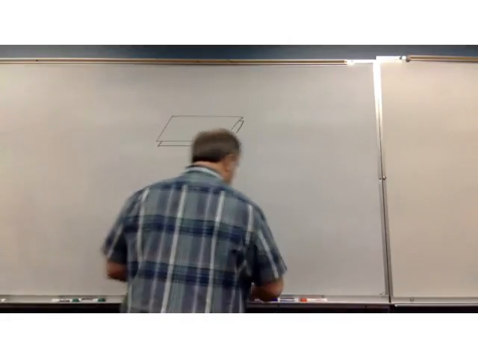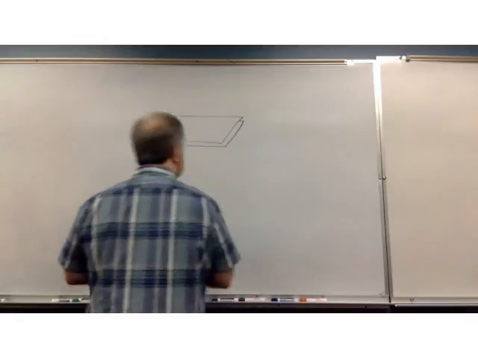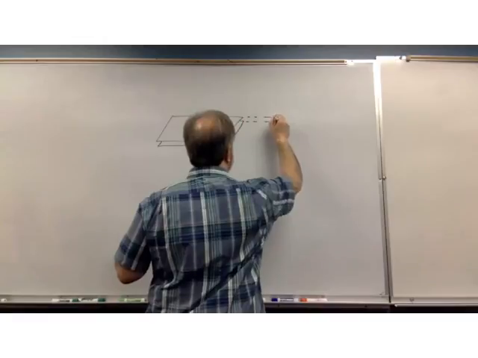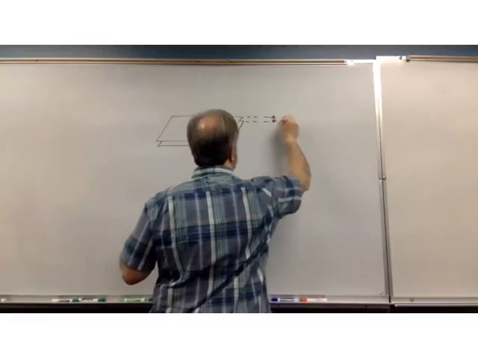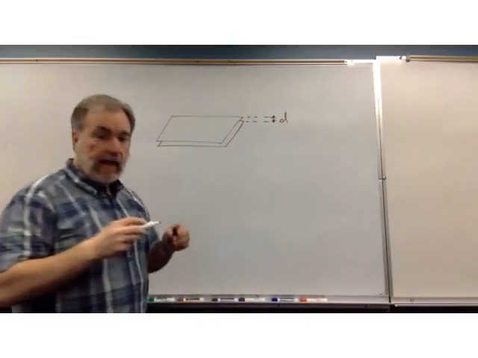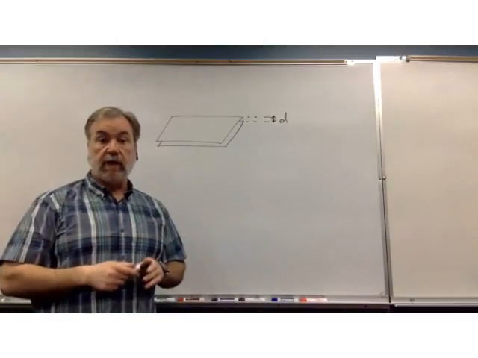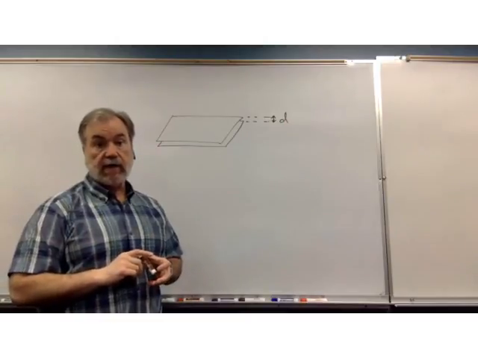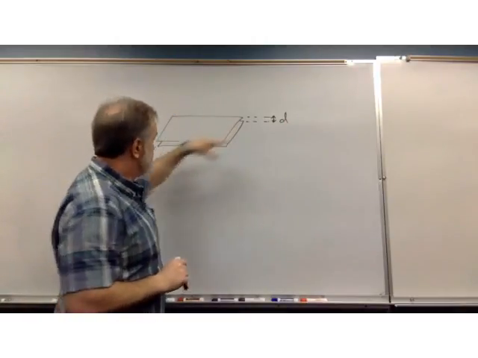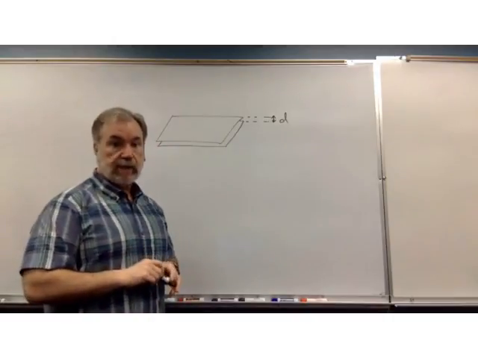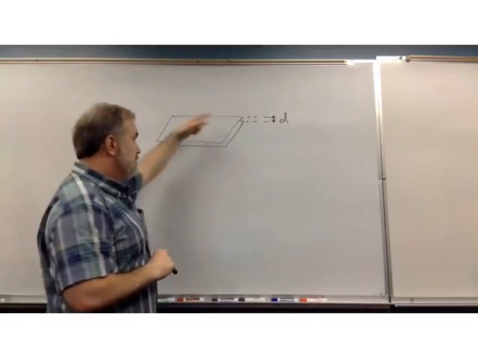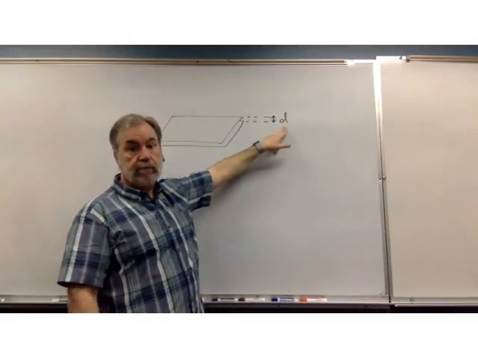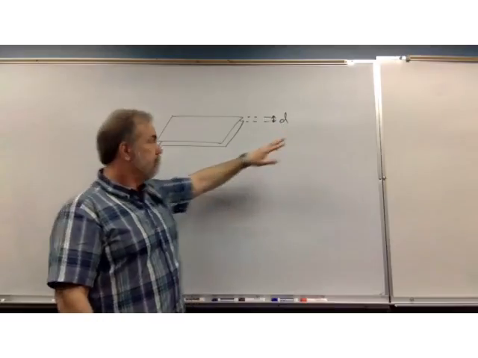I made this drawing before. The distance between them, we'll label it little d. And a thing that I want to point out, first of all, and this is typical for capacitors, is that the dimensions of these metal plates, these conductors, are much, much larger than the distance that we put between the two plates, okay?